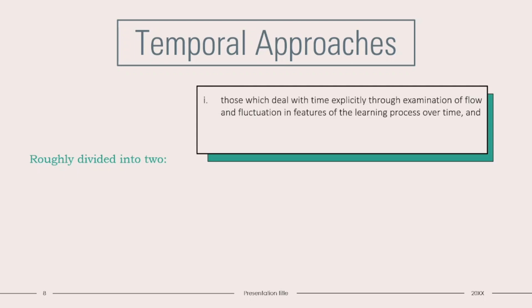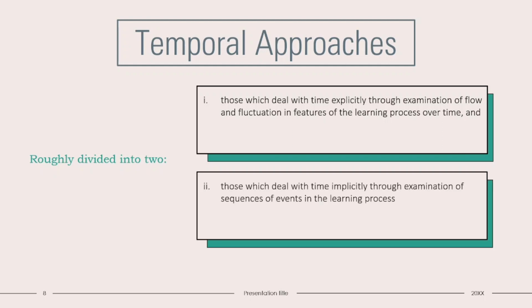The temporal approaches are roughly divided into two. First, those which deal with time explicitly through examination of flow and fluctuation in features of the learning process over time. And second, those which deal with time implicitly through examination of sequences of events in the learning process.